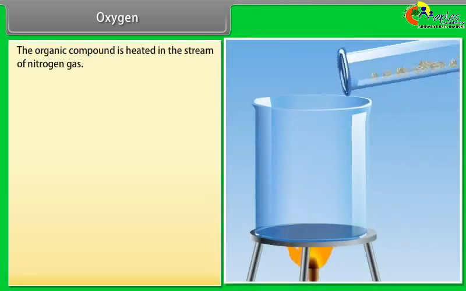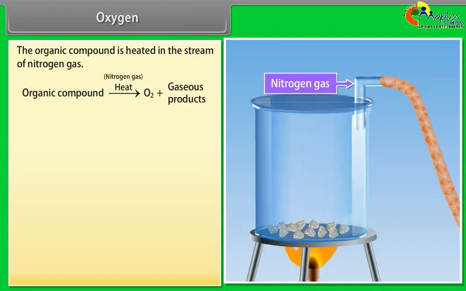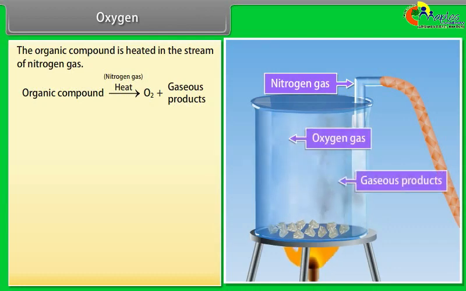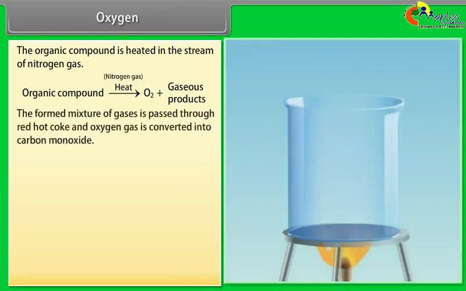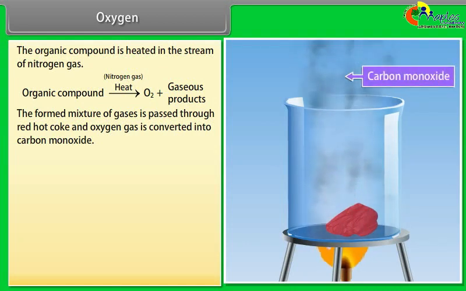The organic compound is heated in a stream of nitrogen gas. The formed mixture of gases is passed through red-hot coke and oxygen gas is converted into carbon monoxide.